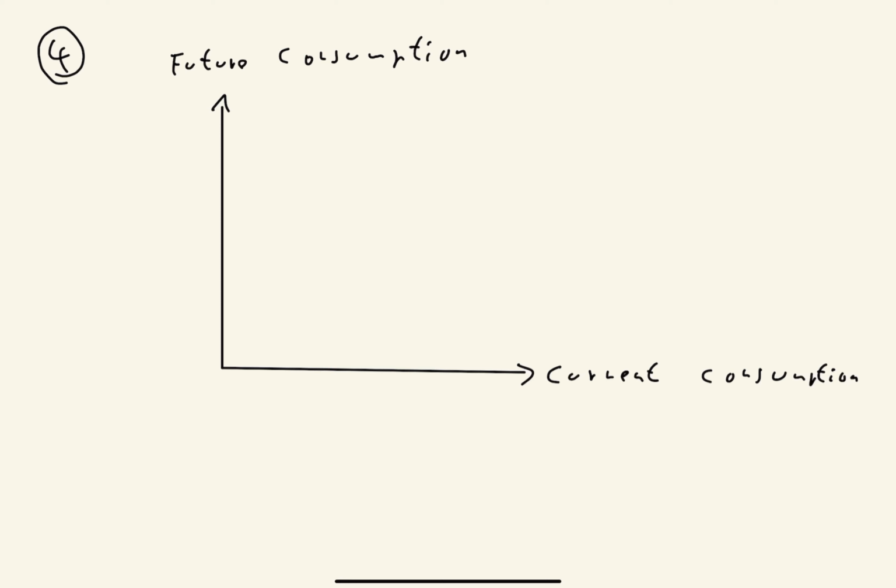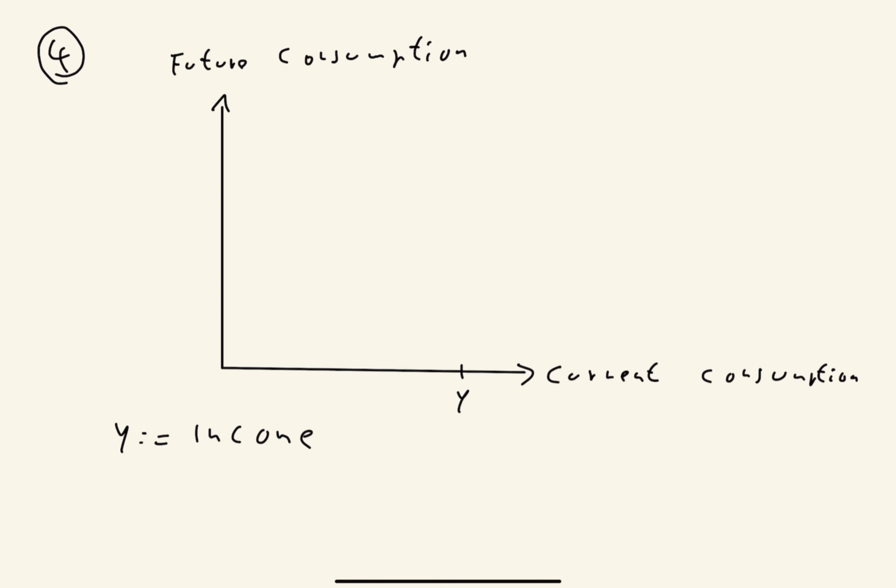So let's say Y is our income. Then the maximum amount that we could currently consume is Y. Think of Y as some strictly positive number.